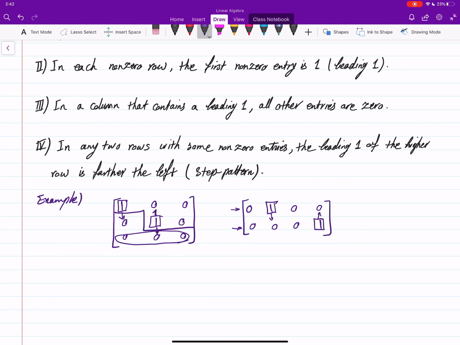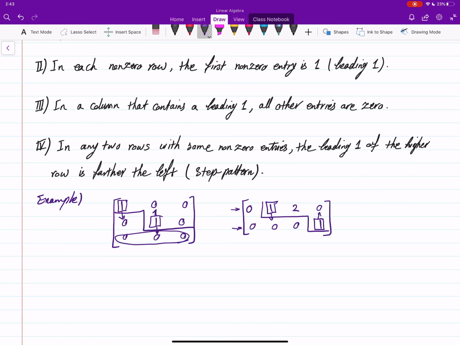And these form a step pattern. You may ask, what happens here? Well, this can be any number you like, because it is not in the column of a leading one, and it doesn't affect the conditions that we have.